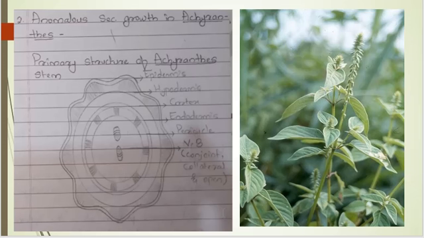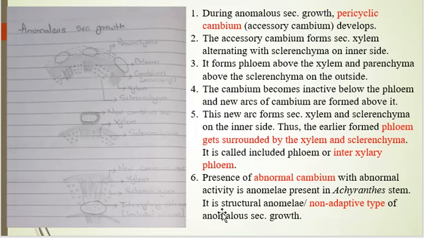In the normal secondary growth the vascular bundles are conjoined, collateral and open. After the anomalous secondary growth, the stem produces the pericyclic cambium.